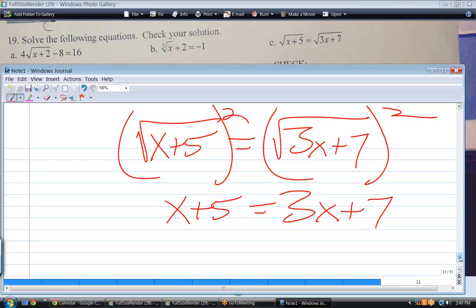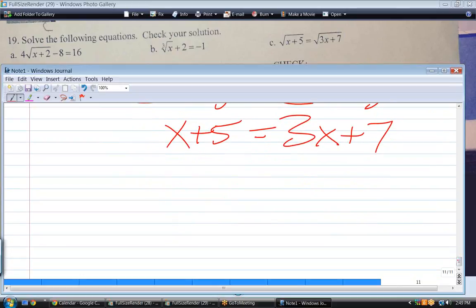Next line. Well, you could subtract 5 now because it's out of the radical. Do both of them at once and leave the x on one side of the equation and the number on the other. So you'd have 2 equals 2x.